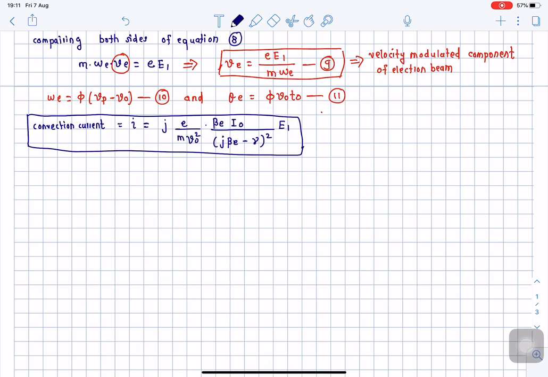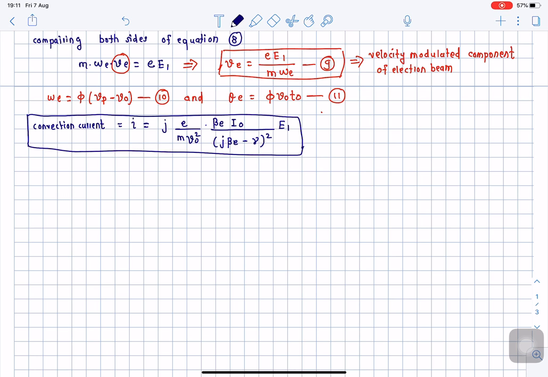Now on the right hand side, if you observe, it is a purely imaginary current. This current is not a physical electric current, but it is a current because of the space charge effect that is getting created because of the continuous interaction of axial electric field with the electron beam. And this equation denotes that this convection current is proportional to the magnitude of the axial electric field.